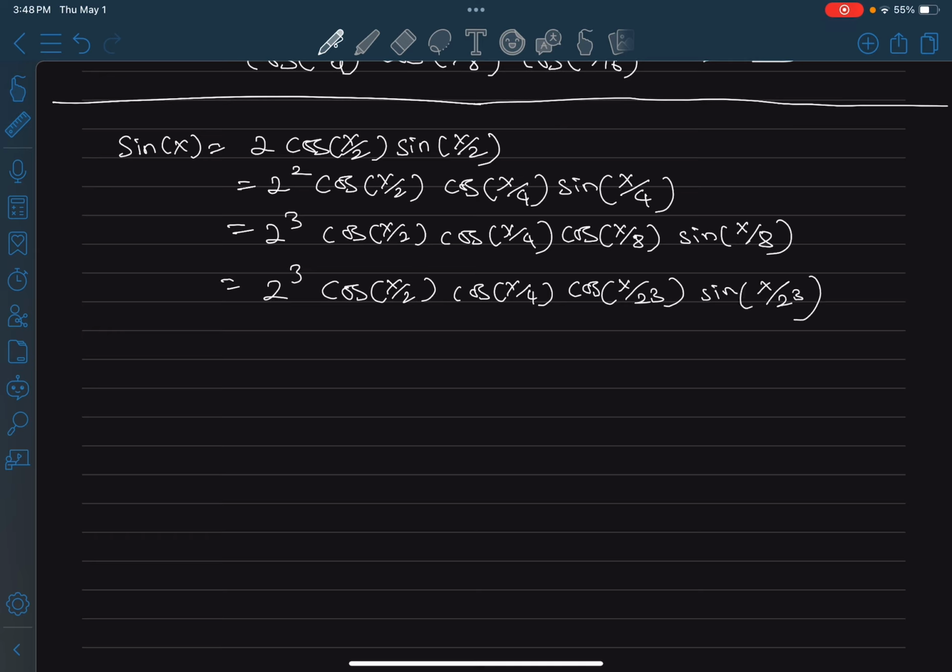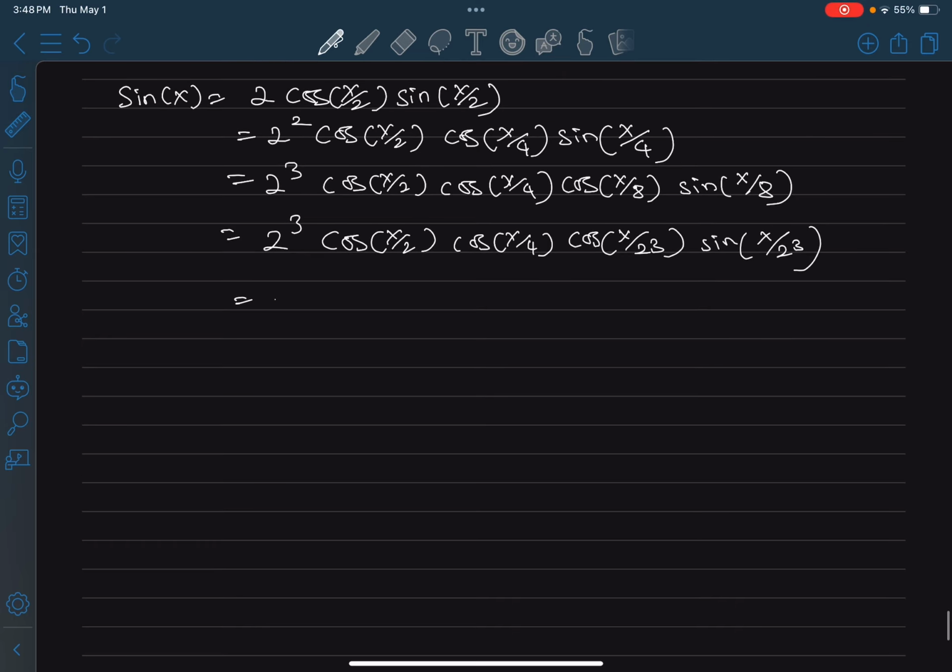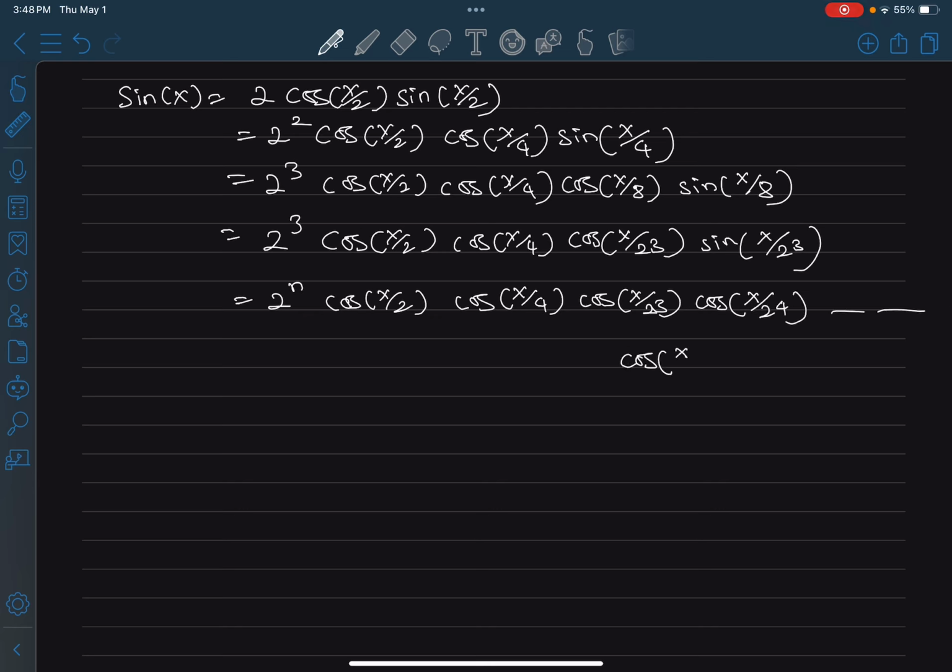If I repeat this n times, I will have 2 to the power n cos x over 2 cos of x over 4 cos of x over 2 cube, cos of x over 2 to the power 4, and it will go on up to cos of x by 2 to the power n, times sine of x by 2 to the power n, right?